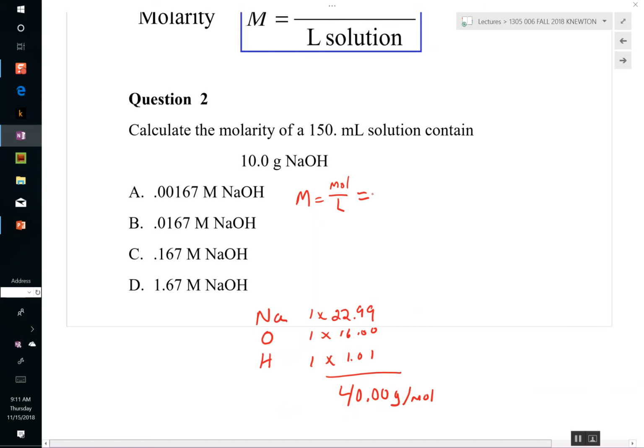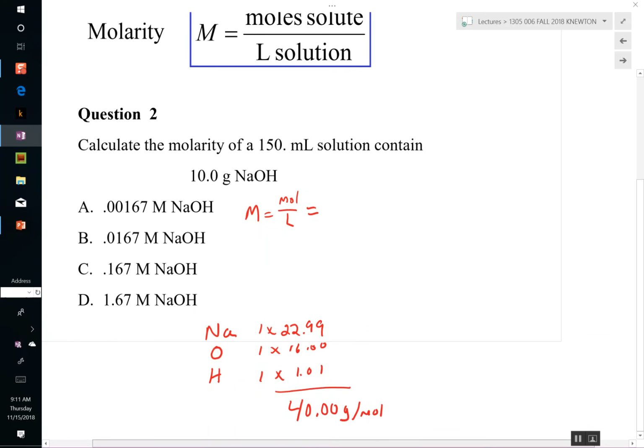The way I like to set these up is you've got a numerator and a denominator. You're given 10 grams of sodium hydroxide, but you need that to be moles. So in the numerator, I'm converting my weight of the solute to moles of the solute, and in the denominator, I'm putting the volume of the solution.